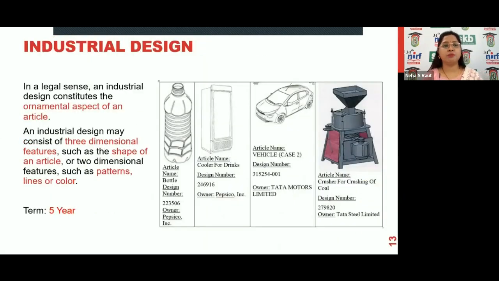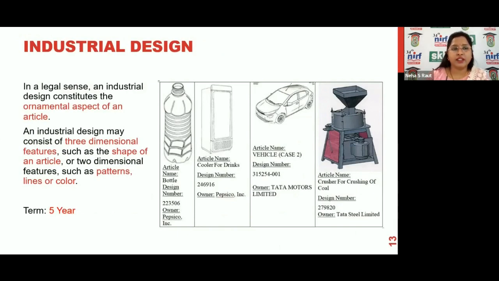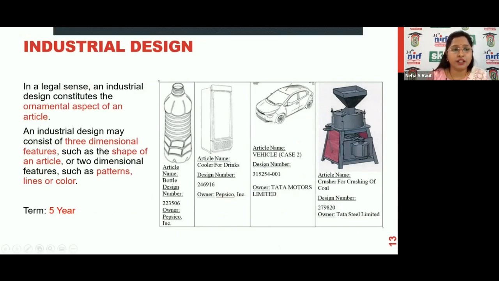And this is also most important nowadays, that is industrial design. An industrial design constitutes an ornamental aspect of an article. It is necessary that it should have the ornamental aspect of an article, and this design must have three-dimensional features, right, such as the shape of an article. Here you can see the shape of this crusher for crushing coal, and two-dimensional features such as patterns, lines, and colors.